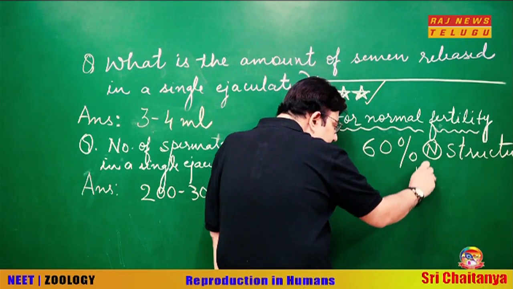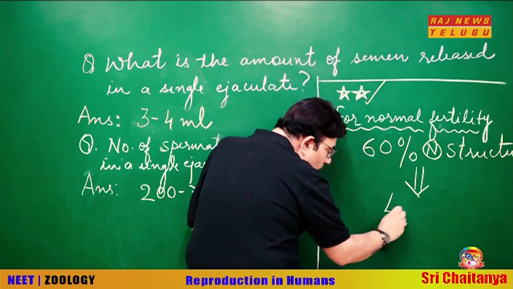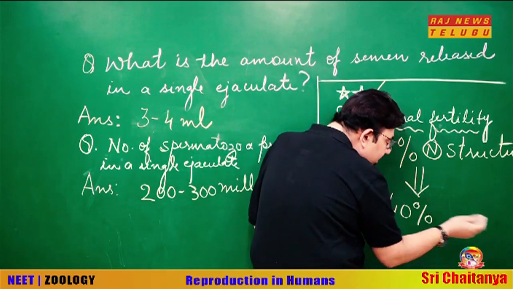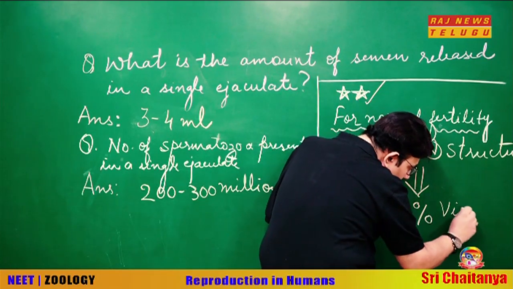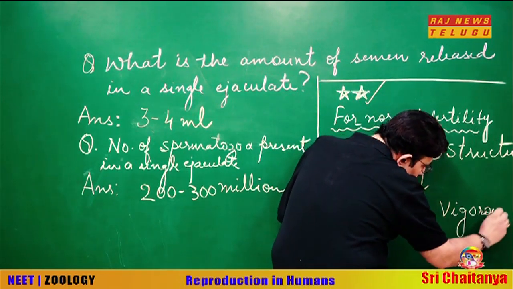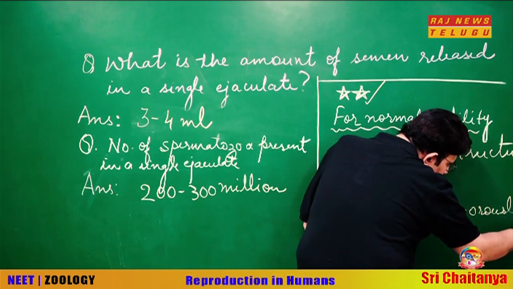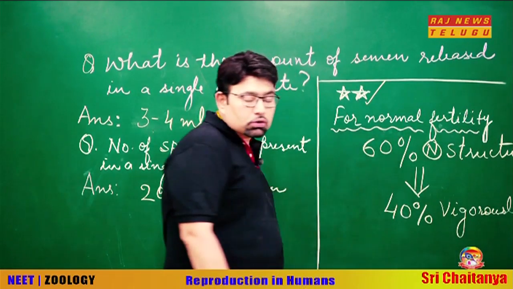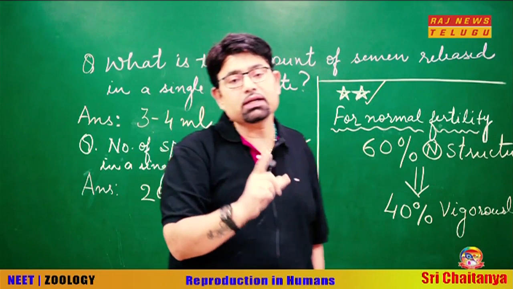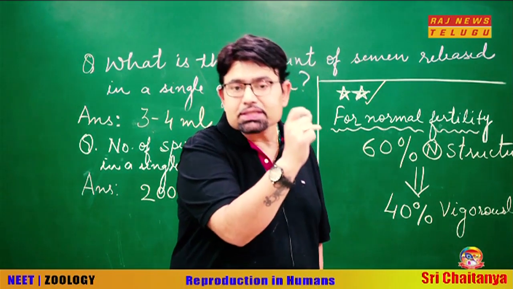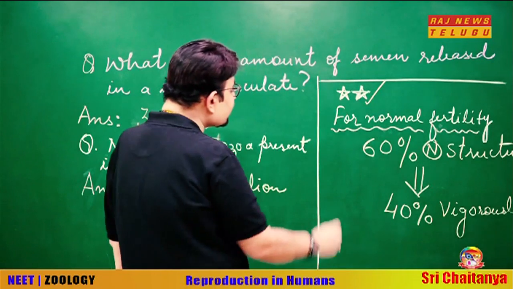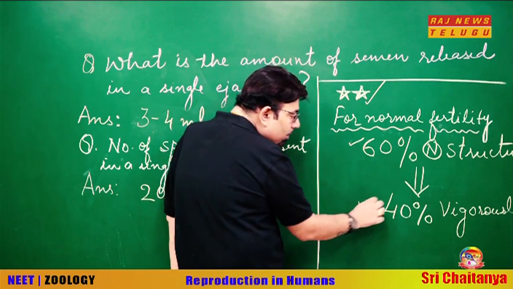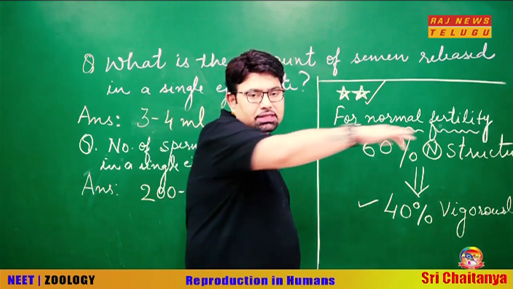And out of these 60%, 40% should be vigorously motile. Although only one sperm fertilizes, in that process we need about 60% healthy sperm, and out of these healthy sperm 40% should be vigorously motile.